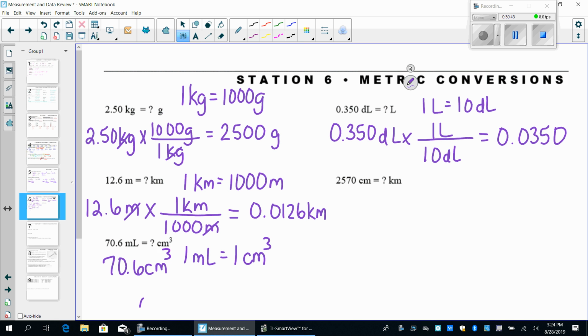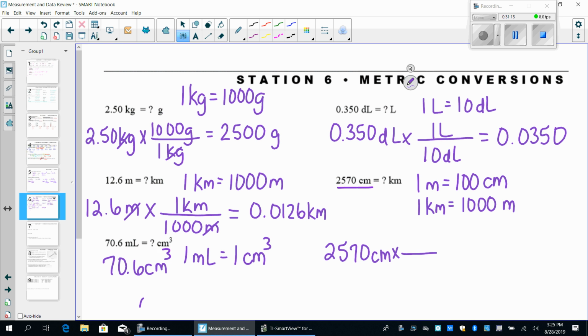Okay. And then for the final one, you've actually got 2 conversion factors that you are going to use to best do this. So in 1 meter, you've got 100 centimeters. And in 1 kilometer, there's 1,000 meters. So sometimes you've got to use multiple conversion factors. So start off with what you know. You have 2,570 centimeters.